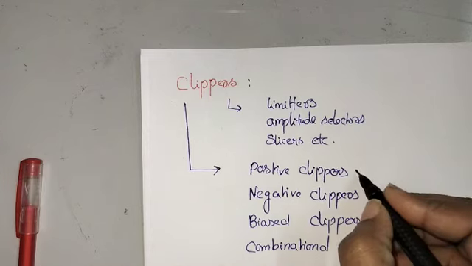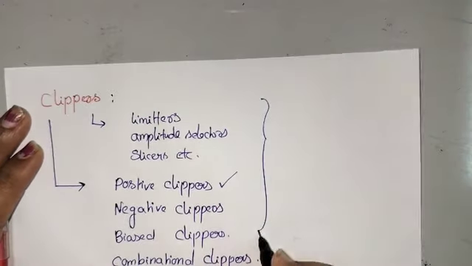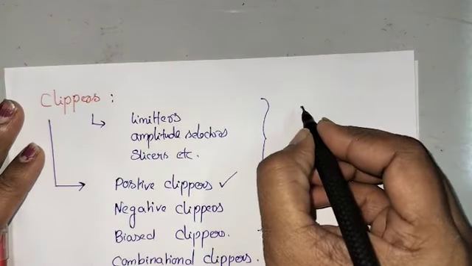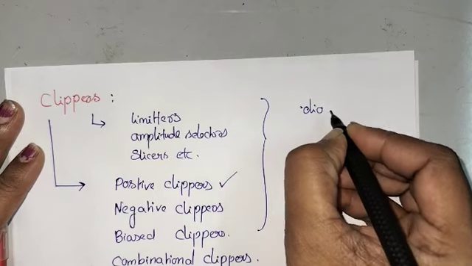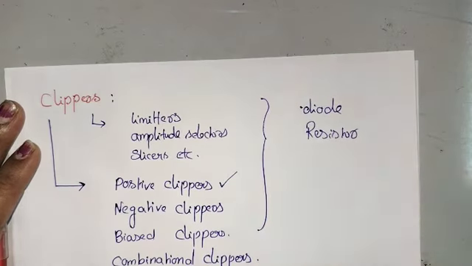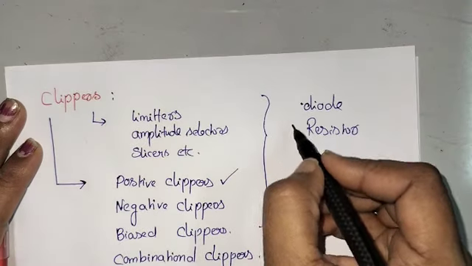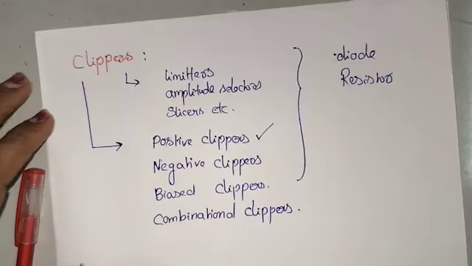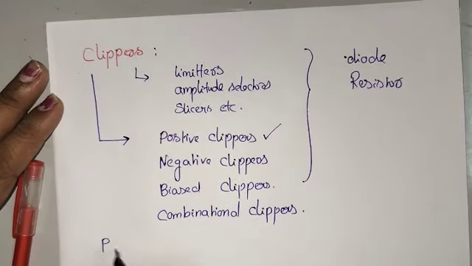First we are discussing the positive clippers. For any clipper, the circuit diagram is very simple. It consists of a diode and a resistor. These are the two basic elements for clippers.